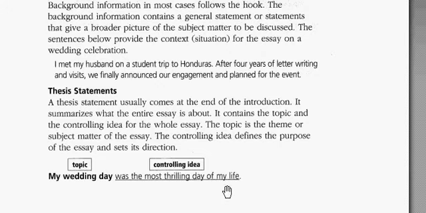It's not going to explain everything about my life. This essay is going to focus on this one word here, thrilling. Thrilling, very exciting. So the essay now is going to try to go through and talk about all the exciting activities and events that happened on my wedding day. The focus is on thrilling.